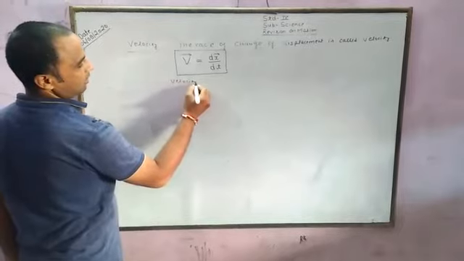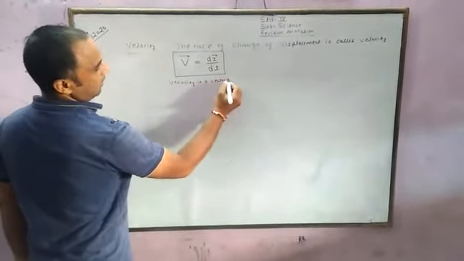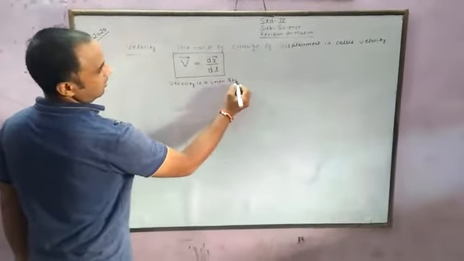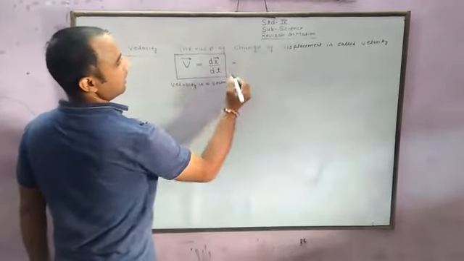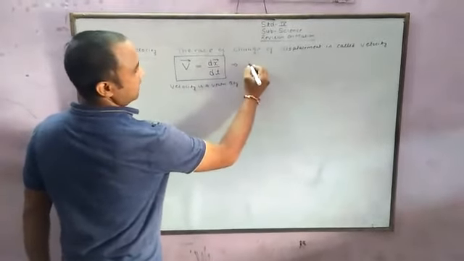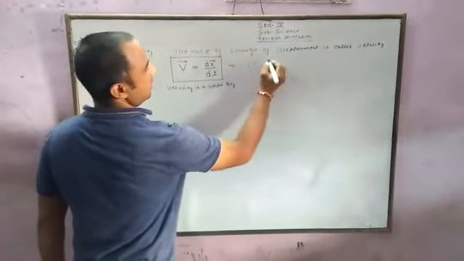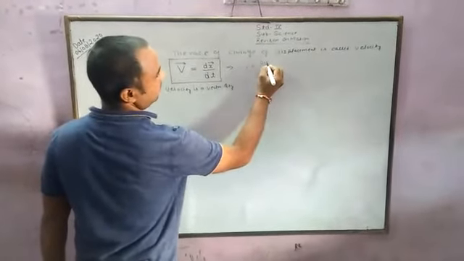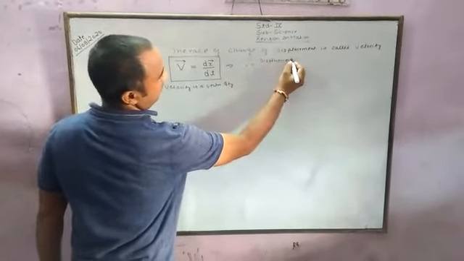Velocity is a vector quantity. What is the unit? If we write it in terms of delta, it means velocity is equal to displacement upon time.